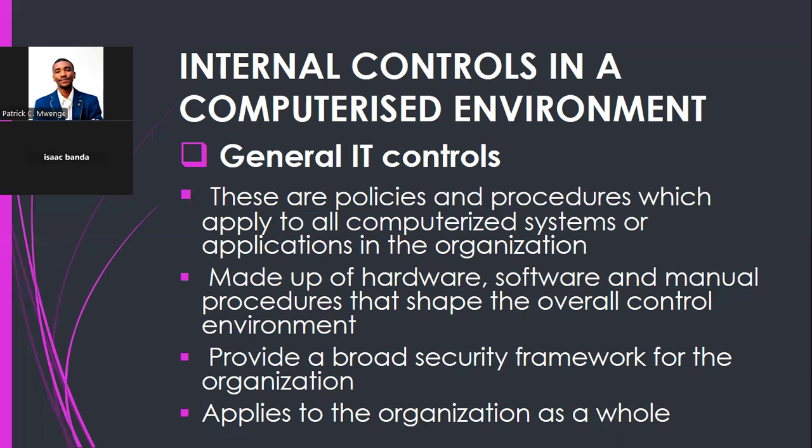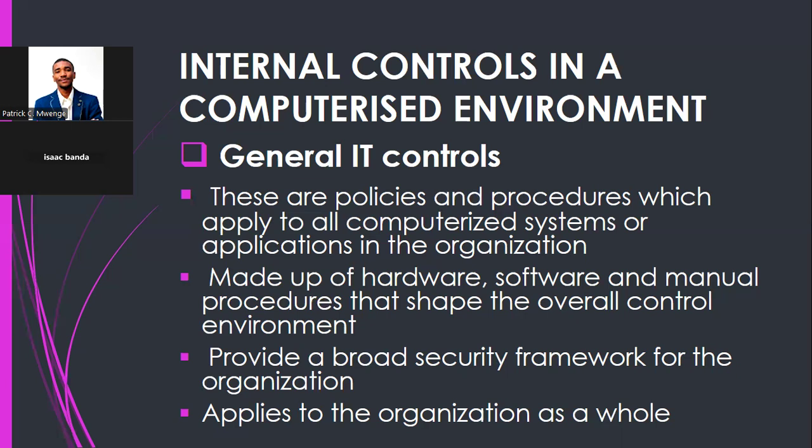They apply to all aspects of the organization. They include hardware, software, as well as manual procedures, right? That's the typical example I've given. Another general control is where, for someone to get into the premises of the company, they need to register their name electronically: this is my name, I'm here to see so and so.